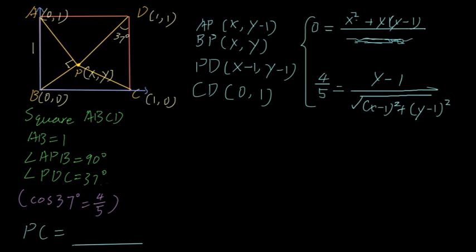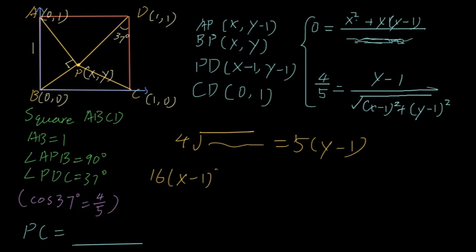But for now, I'm going to solve the PDC equation first. Let's use a different color. 4 times this thing is equal to 5 times y minus 1. So what I'll do here is to square both sides of the equation, and we'll get 16 times x minus 1 squared plus 16 times y minus 1 squared.